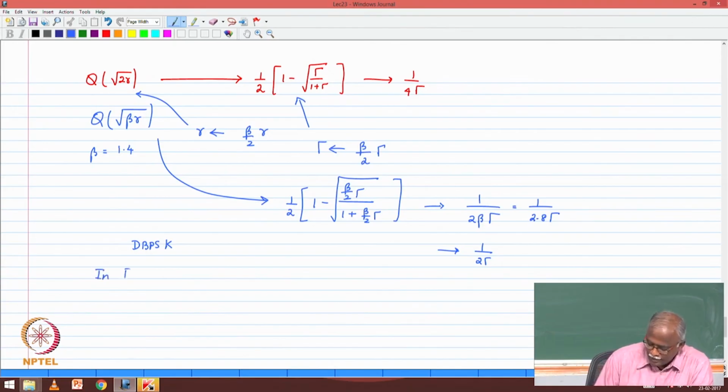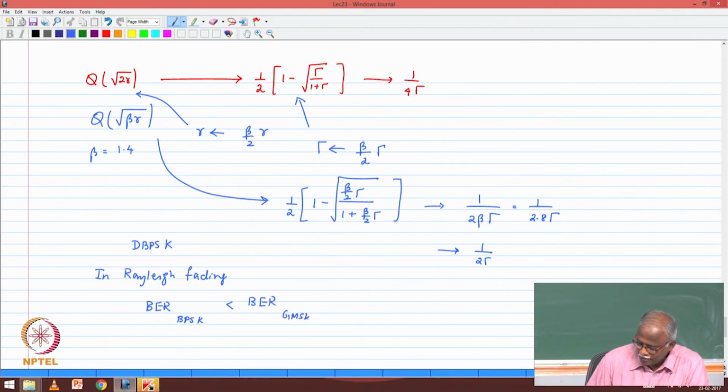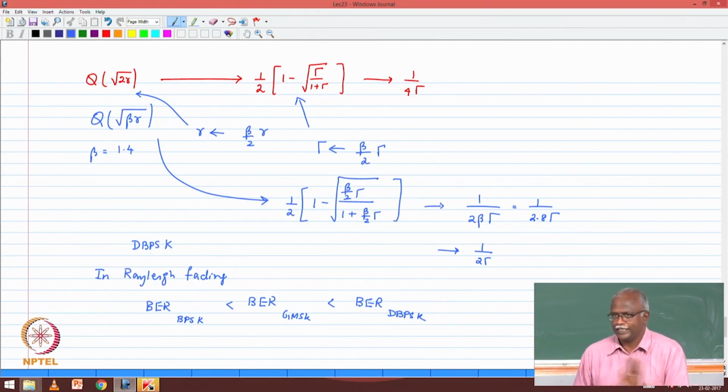In Rayleigh fading, when there are no channel tracking errors, the BER of BPSK is less than the BER of GMSK, which is less than the BER of dBPSK. Since I need equalization, there is no question of non-coherent detection of GMSK. It has to be coherent detection.